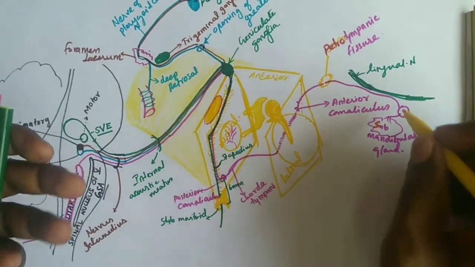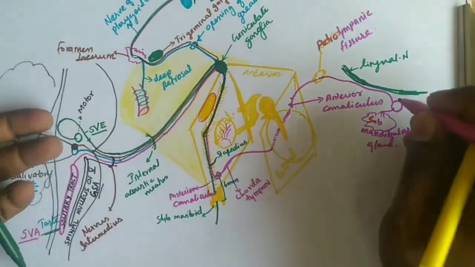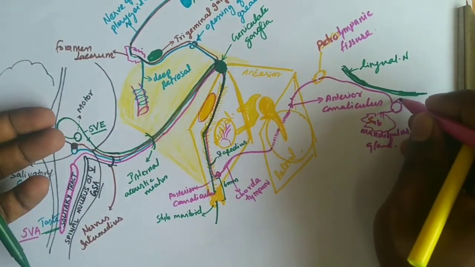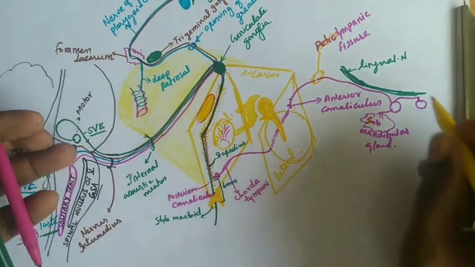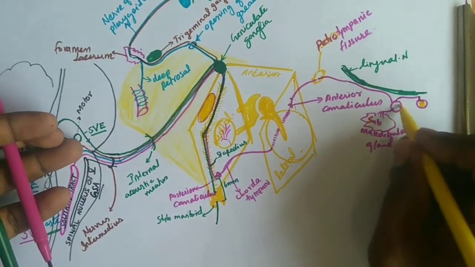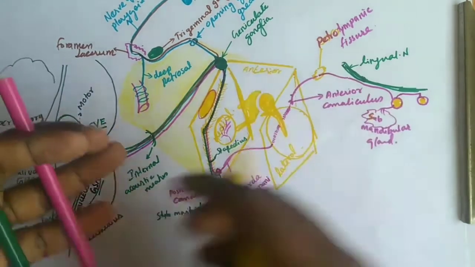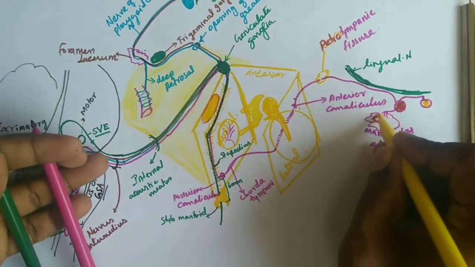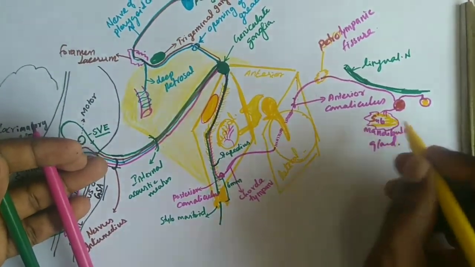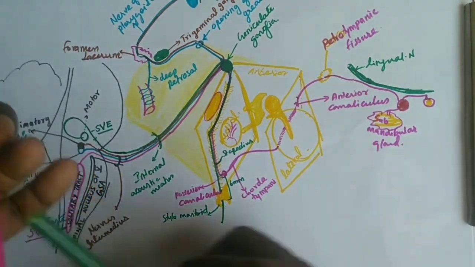Then a few fibers will travel back along the lingual nerve to supply the sublingual gland. This is the ganglia. This is the submandibular gland. This is the sublingual gland.